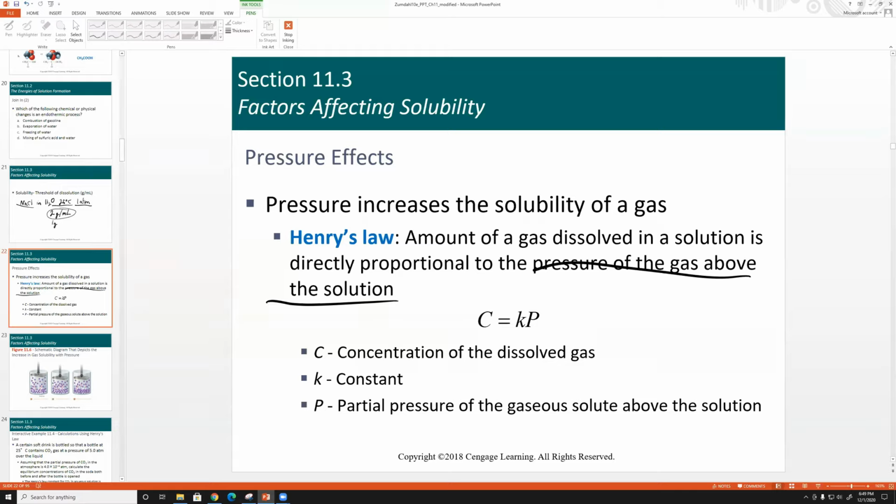So even if you add more CO2 than the liquid would allow, you're still adding CO2 into the headspace, and you're increasing the pressure of the entire bottle. If that's what you're asking, but I don't think that's what you're asking.